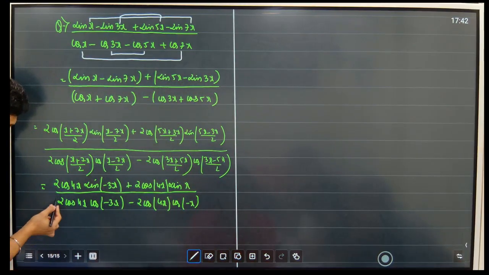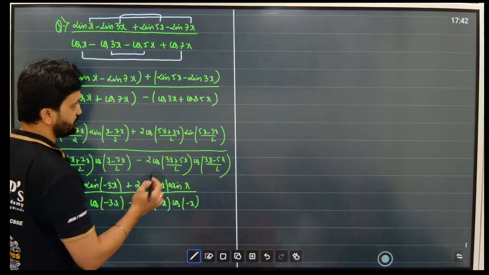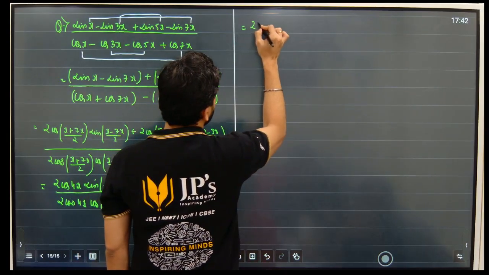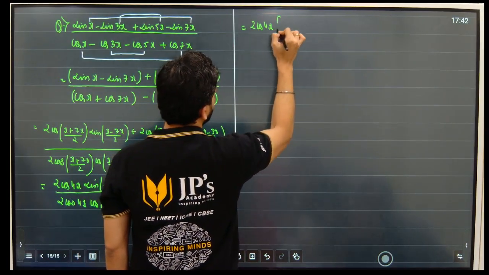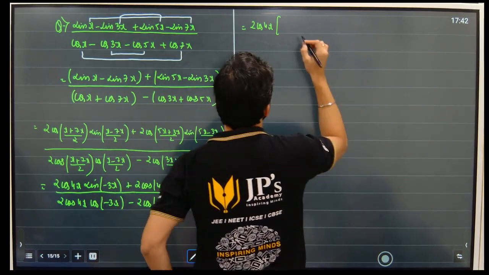Now I can see that 2 cos 4x is there in the numerator, 2 cos 4x is there in the denominator. So if I take 2 cos 4x common in the numerator, I know that sine of minus theta is minus sine theta.